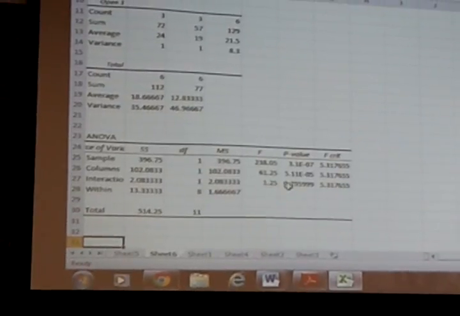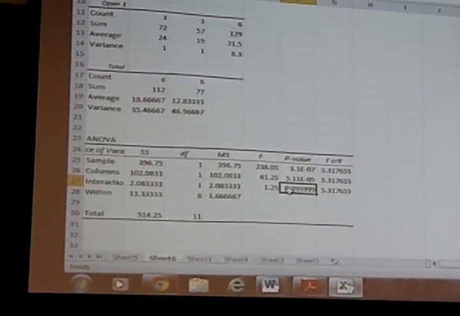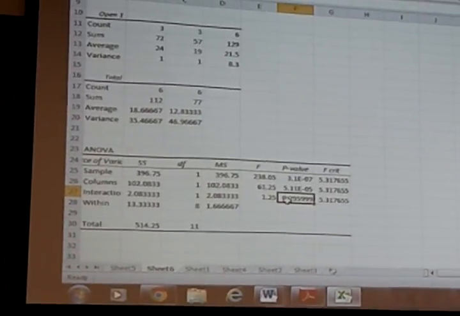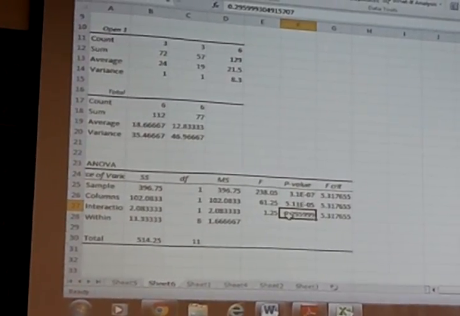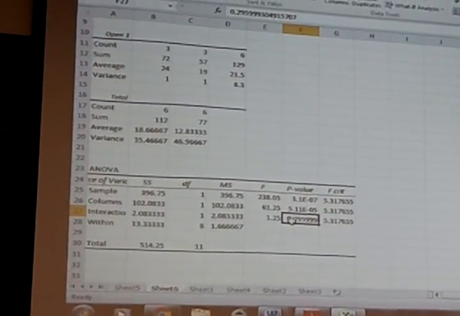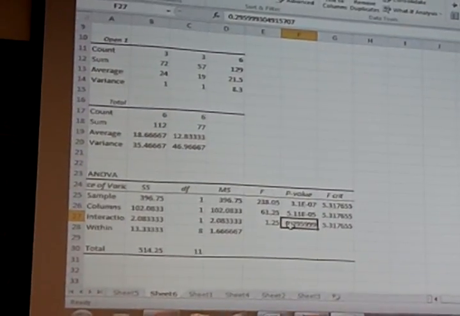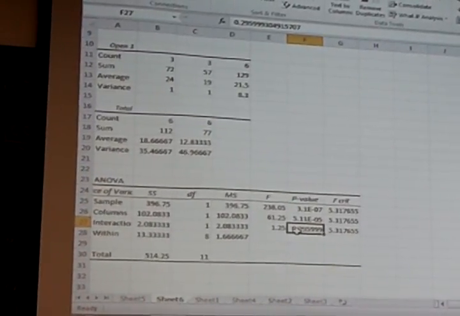So when your p-value for your interaction is not significant, that's basically saying that there's not a significant correlation between the two variables. Does that make sense? So that one independent variable isn't influencing the other independent variable, which we would expect to see, right?